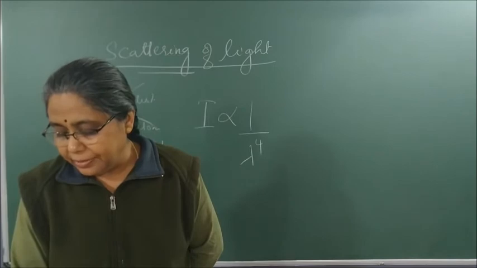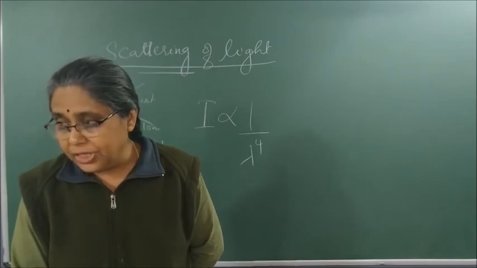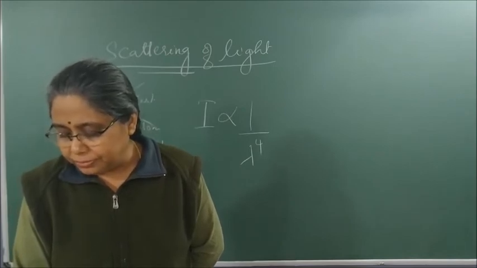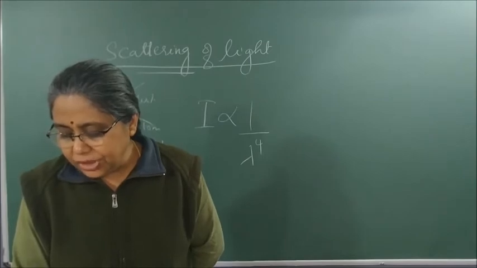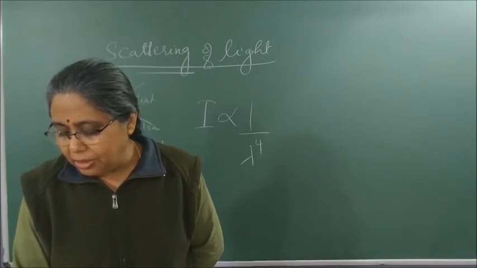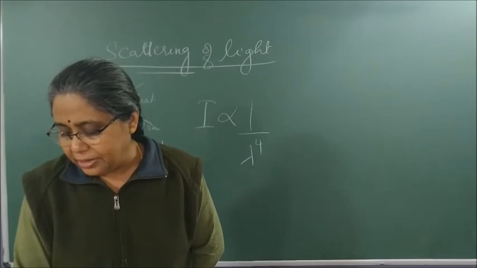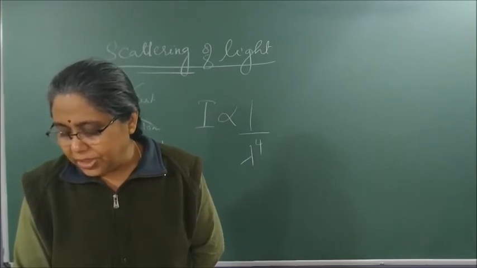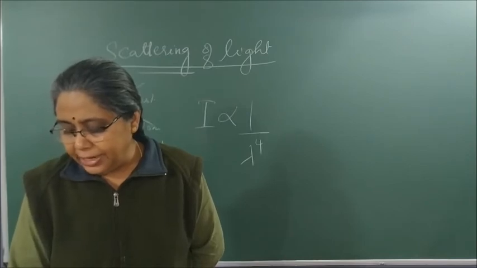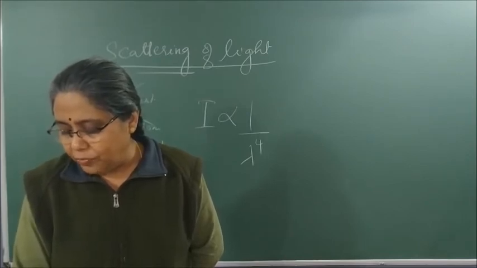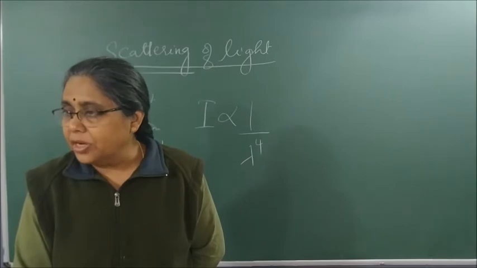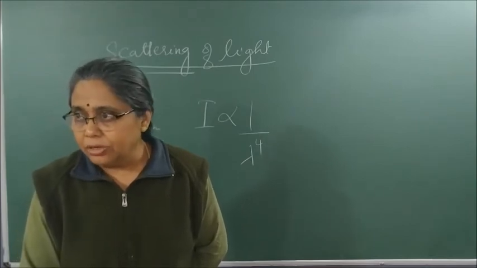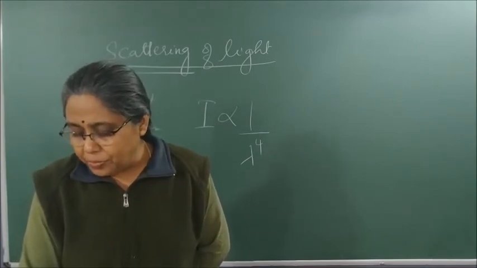Please underline. What is the color of the sun at noon? At noon, the sun appears white as only a little of blue and violet colors are scattered. Near the horizon, most of the blue light and shorter wavelengths are scattered away. Therefore, the light that reaches our eyes is of longer wavelength. This gives the reddish appearance of the sun. So this part you please write, underline.